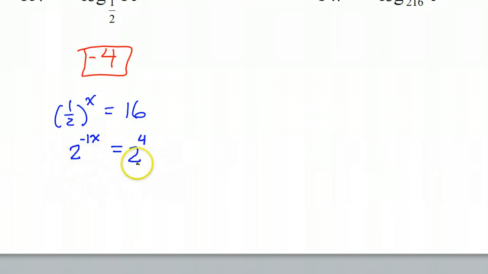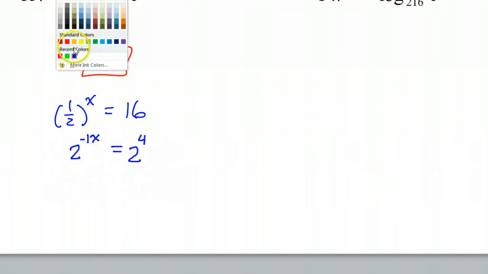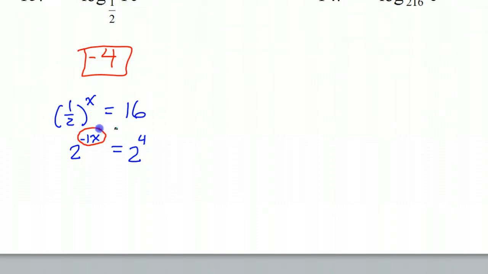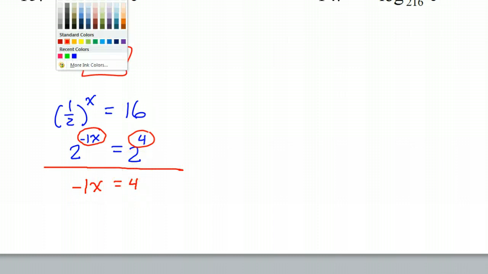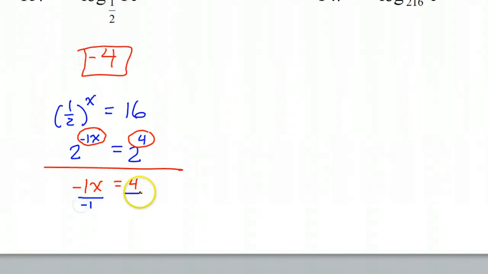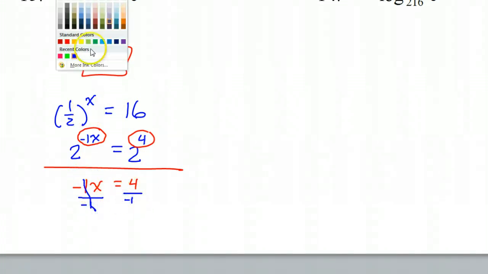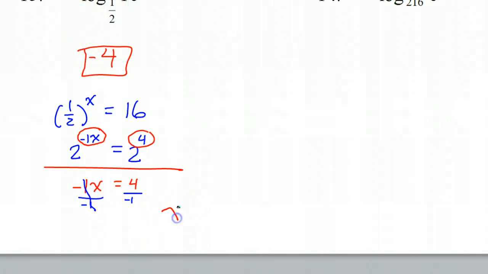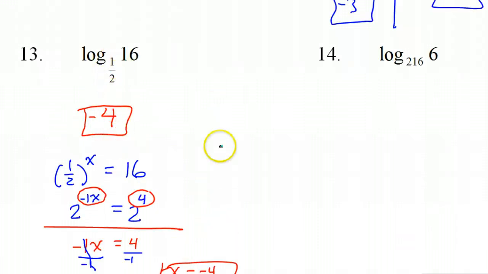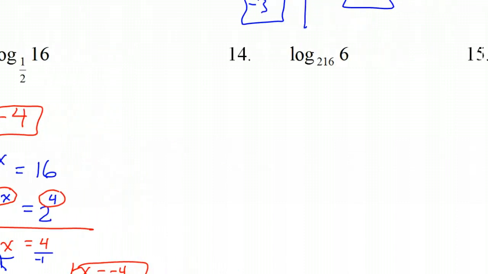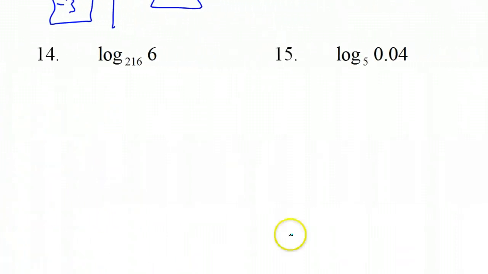So now that we have these both with a base 2, that means these exponents must be the same. So negative x must equal 4. Okay, so you can make that little equation by logic. Negative 1x equals 4. Therefore, dividing both sides by negative 1, I get x equals negative 4. So that's the answer. Clearly it was much faster to do what I did the first time, but whatever helps you do it.